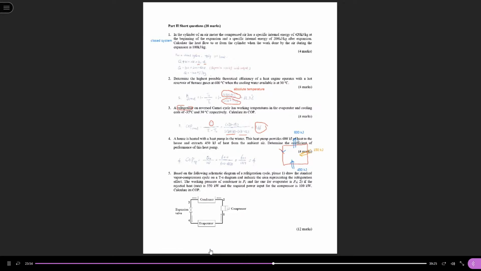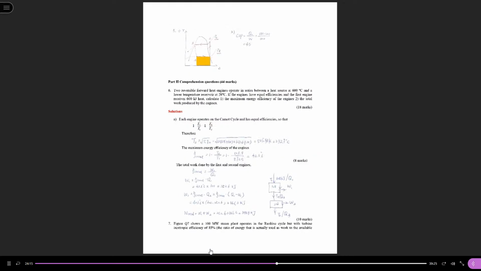And for question number 5, I'm not sure. For this question, I think you need to clearly indicate how you construct the question. I will deduct your marks if you didn't follow my requirements.